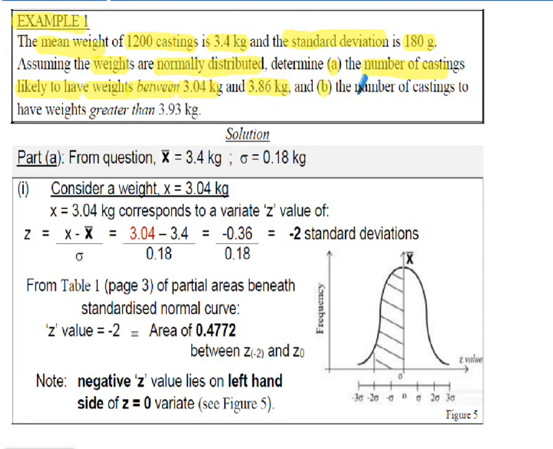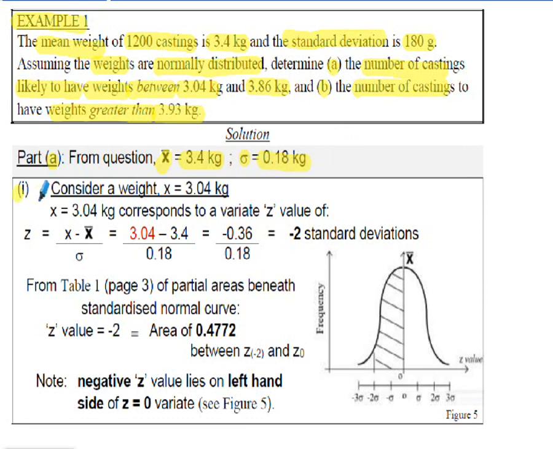And part B, the number of castings likely to have weights greater than 3.93 kilograms. So for part A, taking information from the question, the x bar, the mean of the castings, is 3.4 kilograms, and the standard deviation, converting the 180 grams to kilograms, is 0.18 kilograms.